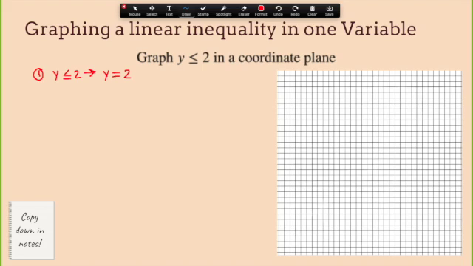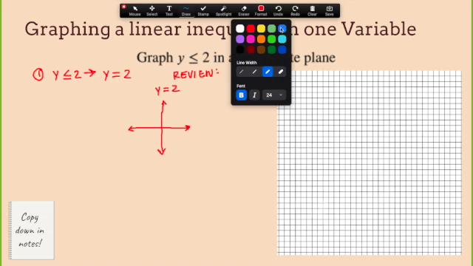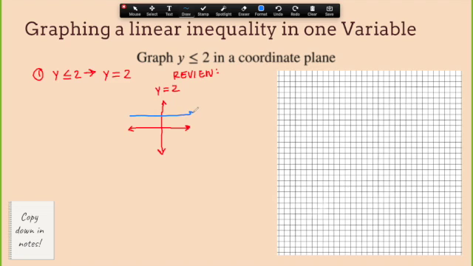So if I'm given y is equal to 2, I do know based off of review from before. So this is a little bit of review again. When you have a number equaling y, we know that we're always going to graph a horizontal line. So I always graph a horizontal line at positive 2.